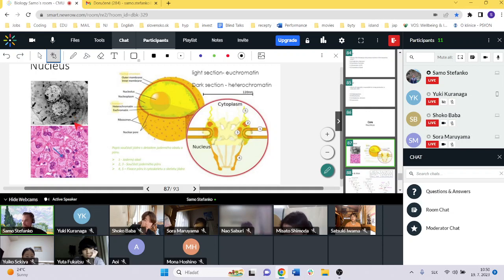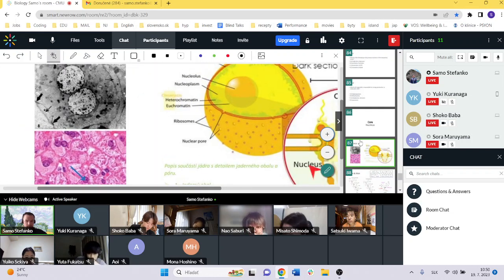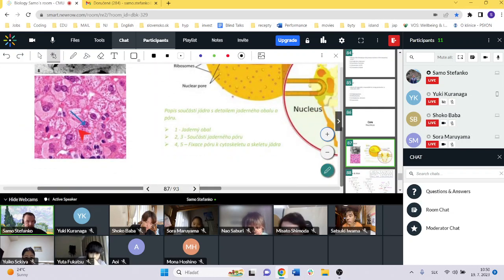Now, a specific region of chromatin is the nucleolus. In this picture, we are able to see it here, or if you zoom in where the arrow is, we see the cell, then the purple bubble, which is the nucleus, and inside it the dark dot, in a darker purple color, the little dot, is the nucleolus.